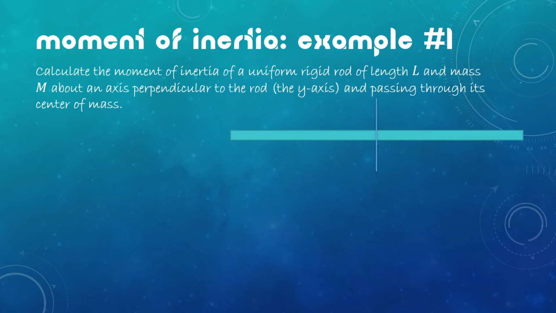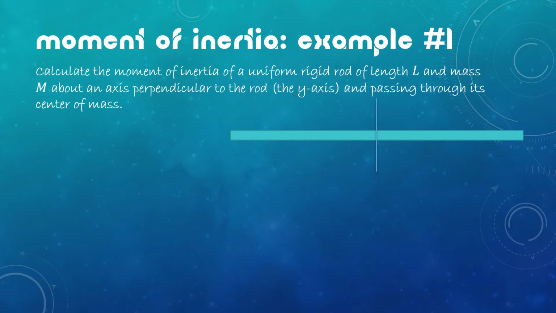One of the things that the AP College Board requires you to know how to do is to derive the expression for the moment of inertia of a uniform rigid rod. And so that's what we're going to do here with the axis of rotation located at the center of our rod. The problem gives us two variables, m for the mass of the rod and L for the length of the rod. And so those are the variables that should be in our final expression.